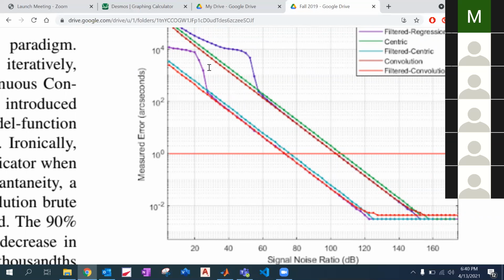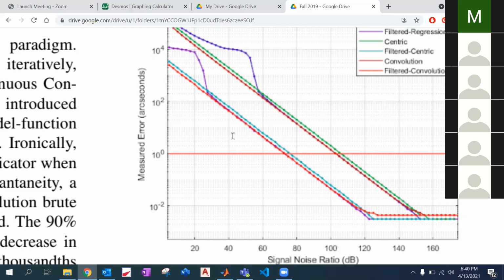That's the same for the non-filtered and the filtered case. By filtering the intensity readings, taking 1,000 of the intensity readings and averaging them before putting them into the algorithm, you shift the results about 30 dB to the left.